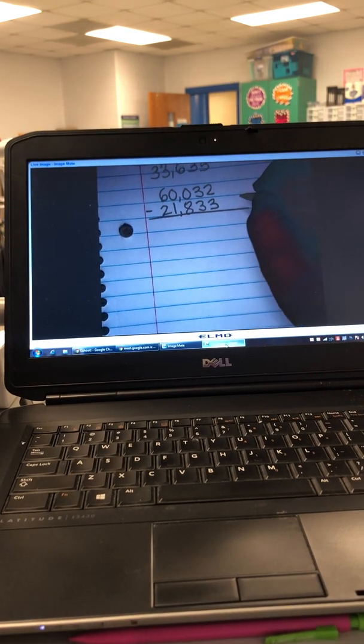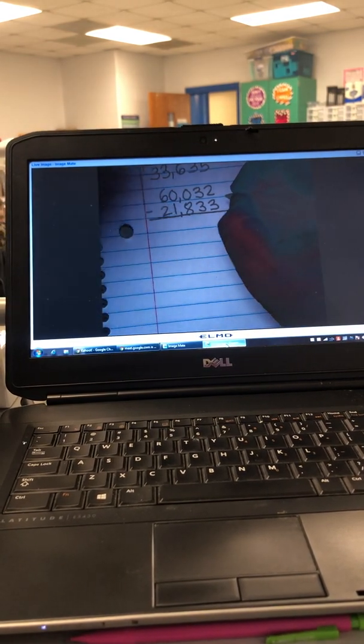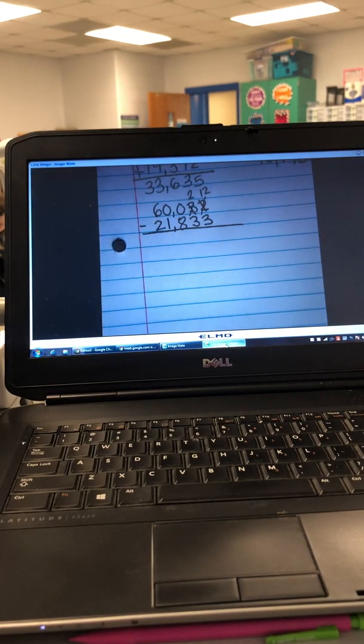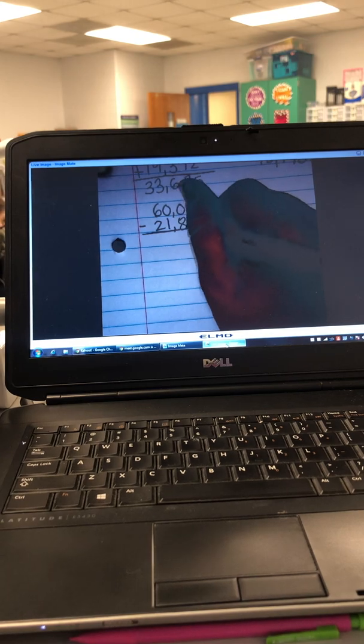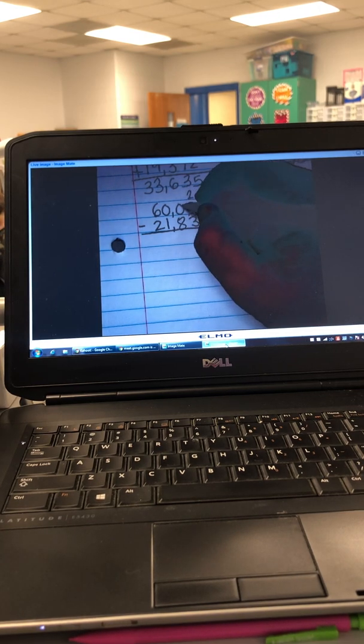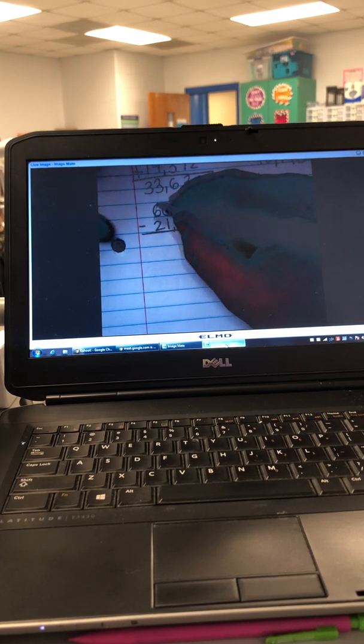Alright. 3 minus 2. More on the floor, go next door. Change my 3 to a 2. Change my 2 to a 12. 12 minus 3 is 9. Nothing to give, then I gotta go again. Nothing to give, I gotta go again. Change my 6 to a 5. Change this first 0 to a 10. Then now I have something to give.